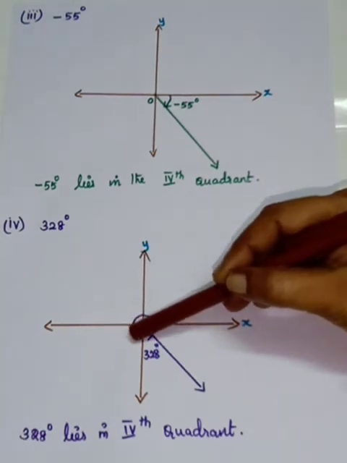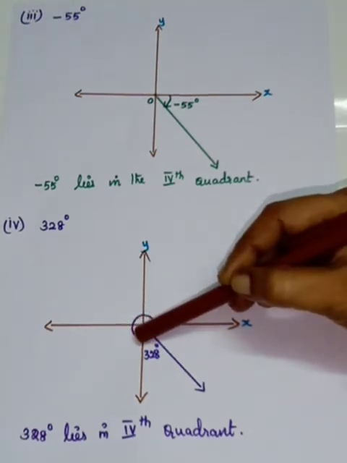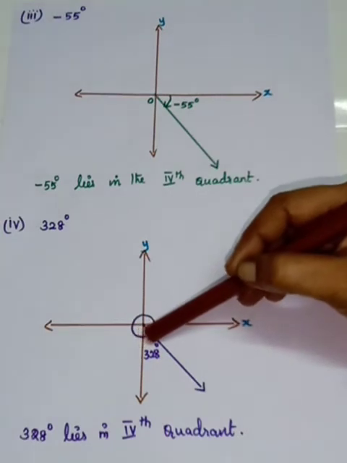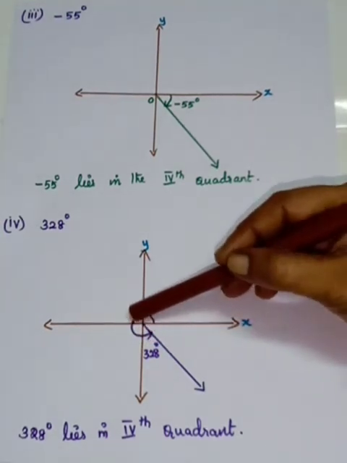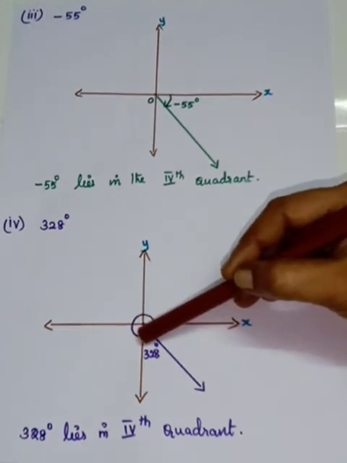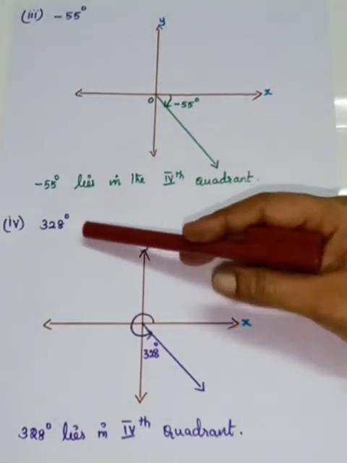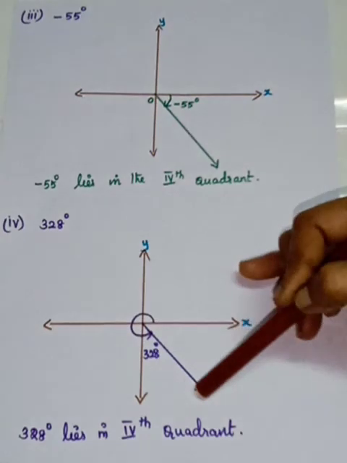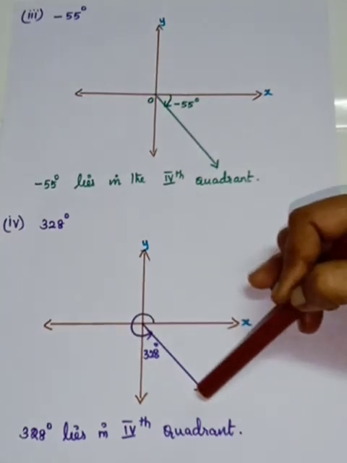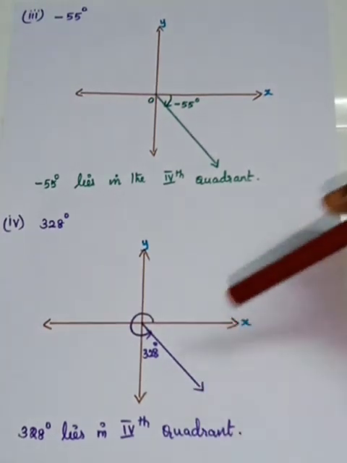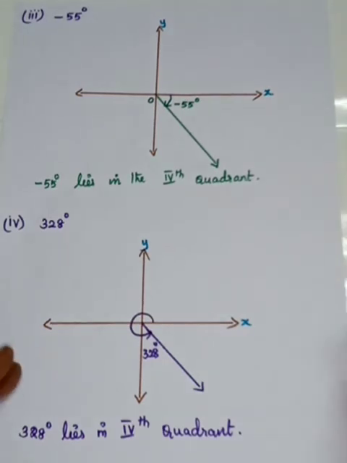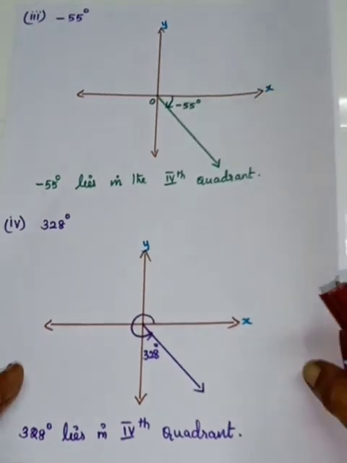Next it has to move to the third quadrant, 270 degrees over. After the remaining angle, it has to come to the fourth quadrant. We are moving in the anti-clockwise direction because this angle is positive. So this is the terminal side of that angle, 328 degrees. So 328 degrees lies in the fourth quadrant.